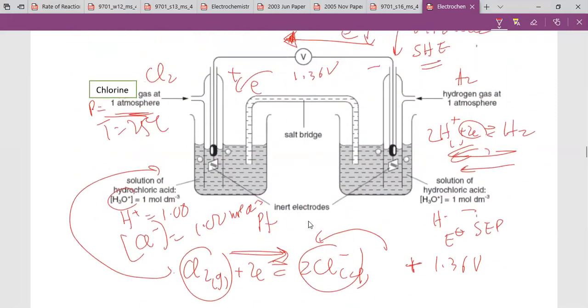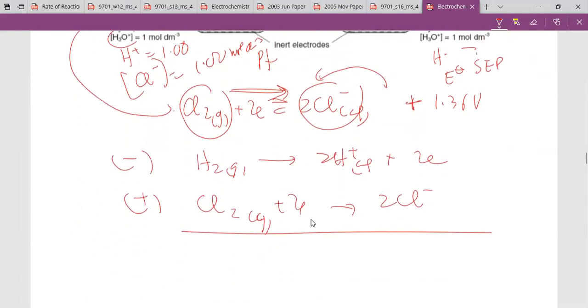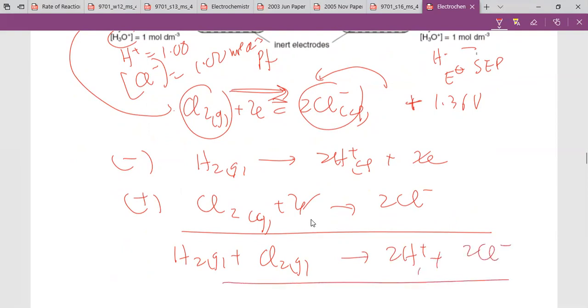Adding them together, H2 gas plus Cl2 gas, the electrons cancel off, goes to 2H plus plus 2Cl minus. This is the overall equation, a redox. Is that clear?